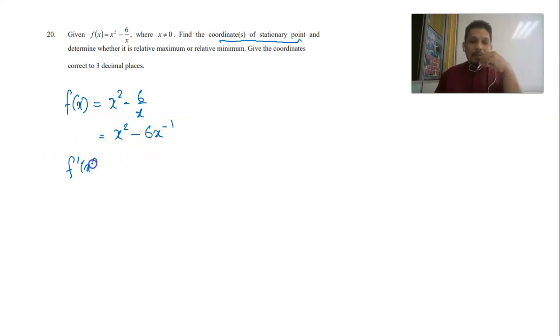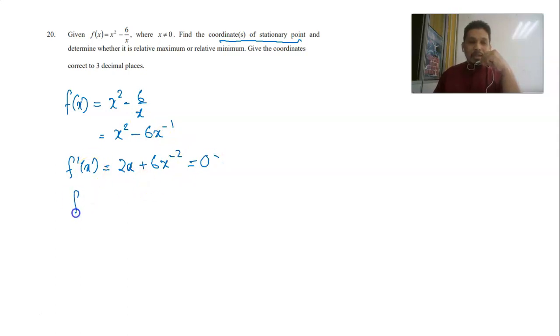So f prime x equal to 2x, negative 1 times negative becomes positive 6x to the power of negative 2. The question did not mention using the first or second derivative test, so it's all up to us. Okay, so make it equal to 0 here.